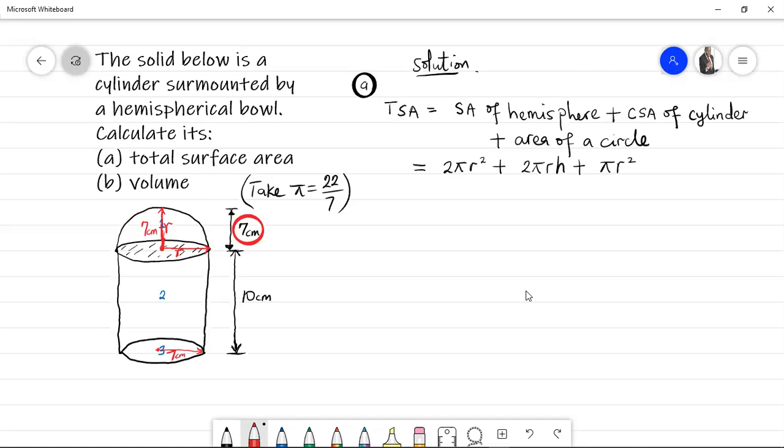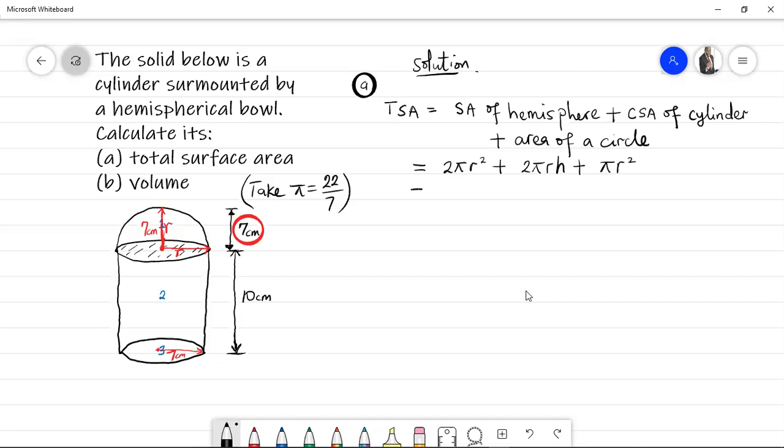Of course, we know that the height of the cylinder is definitely 10 centimeters. So the key here is many of us might not realize that the 7 centimeters that was given here is actually the radius of the hemisphere and also the radius of the cylinder. All right, so that being said, we can then quickly solve the problem.